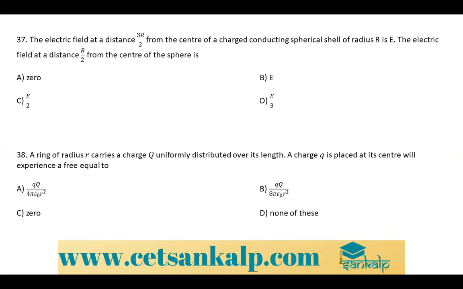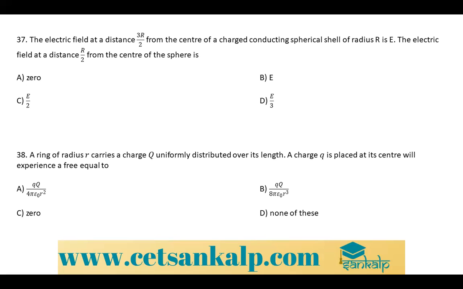So the next question: the electric field at a distance 3R by 2 from the center of a charged conducting spherical shell of radius R is E. The electric field at a distance R by 2 from the center of the sphere is?